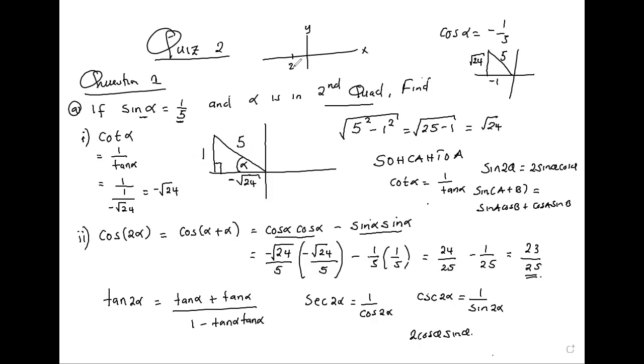Your conscience can't allow you to do that. Why are we squaring 5 and 1, to get a square root? Why do that? The Pythagoras theorem.